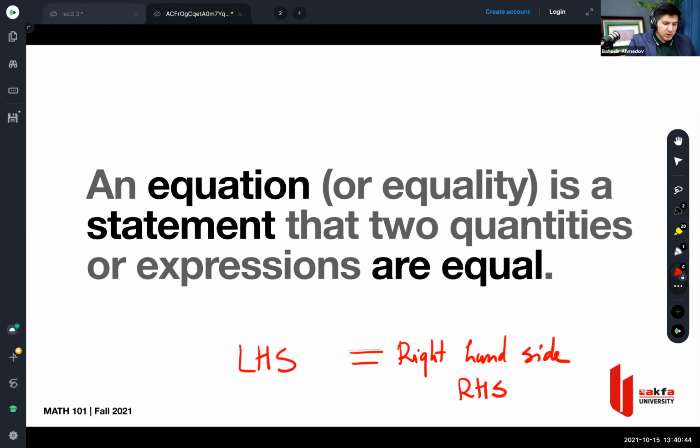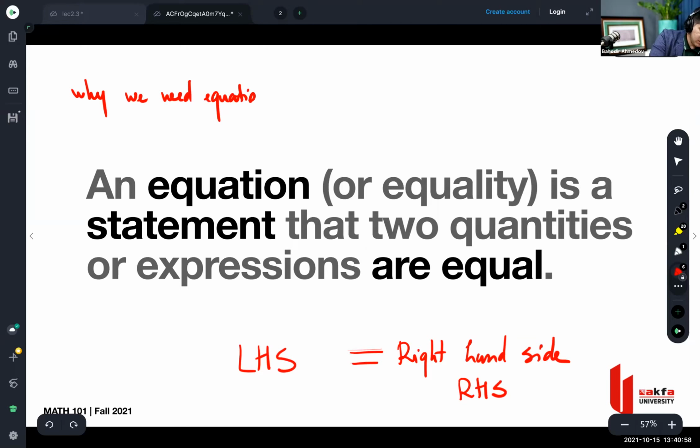Well, in general, what do you think? Why are equations needed? Why do we need equations? Anyone?